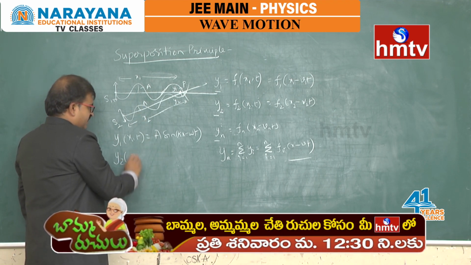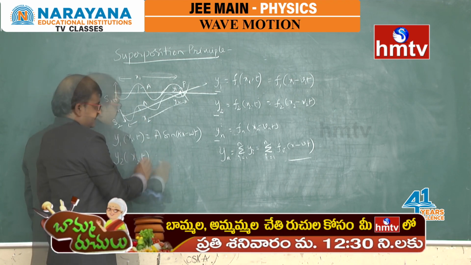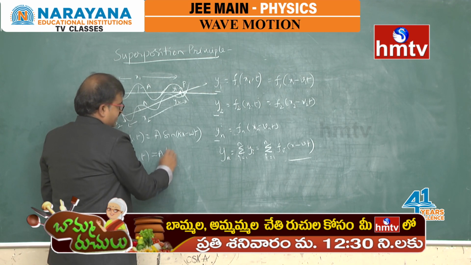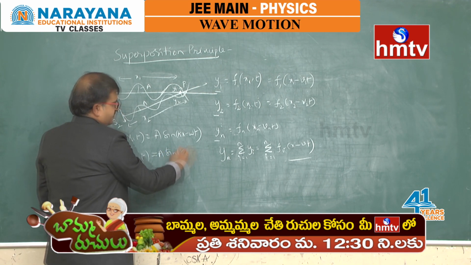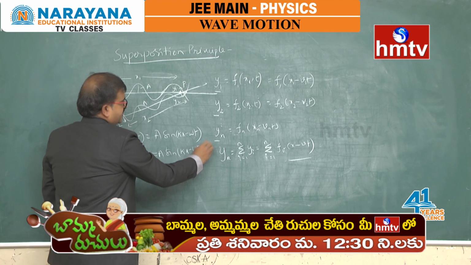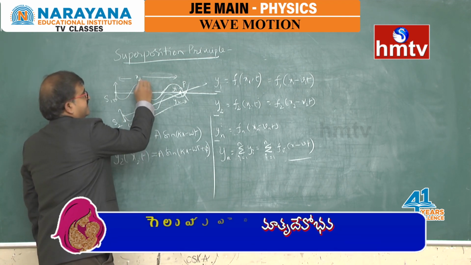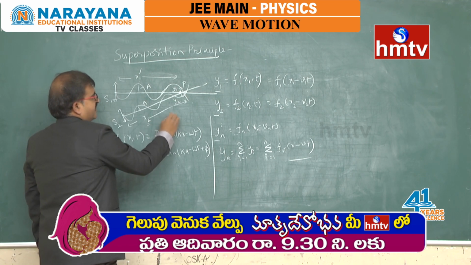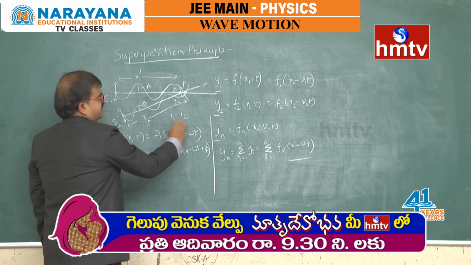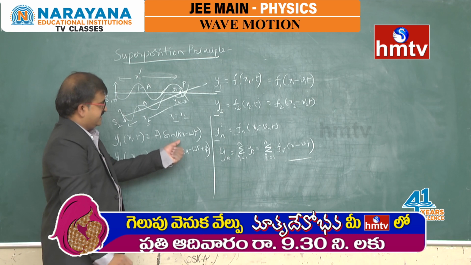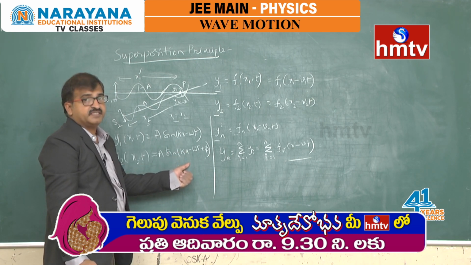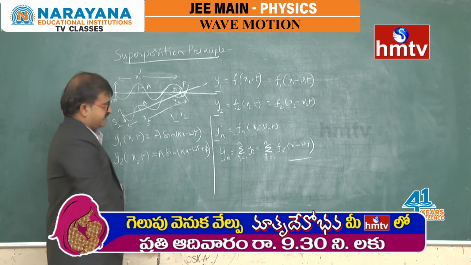Then y2 is taken as a function of x2 comma t, so it is a times sine of kx minus omega t plus phi. Another simplification made is that the x1 and x2 values are taken equal, the same distance. That's why here also kx minus omega t, and here also kx minus omega t.